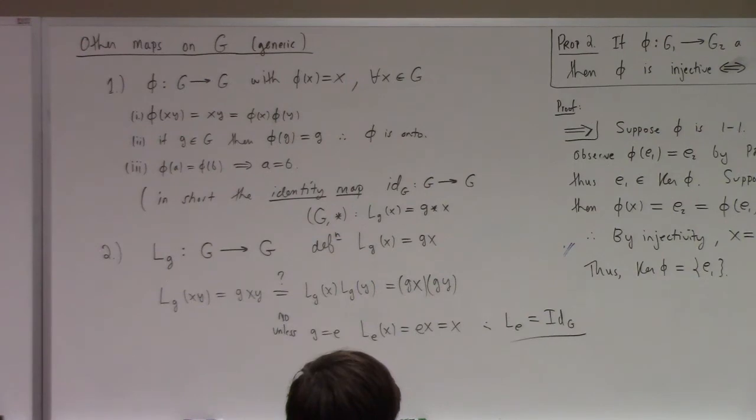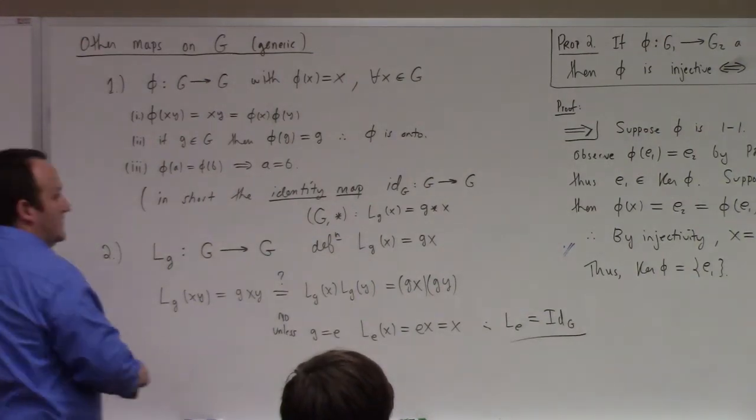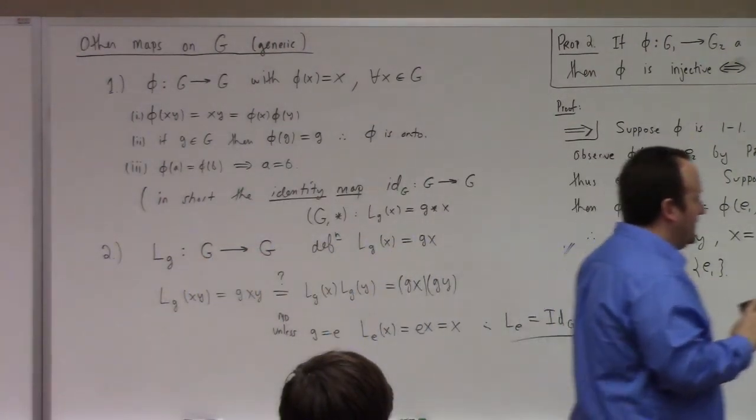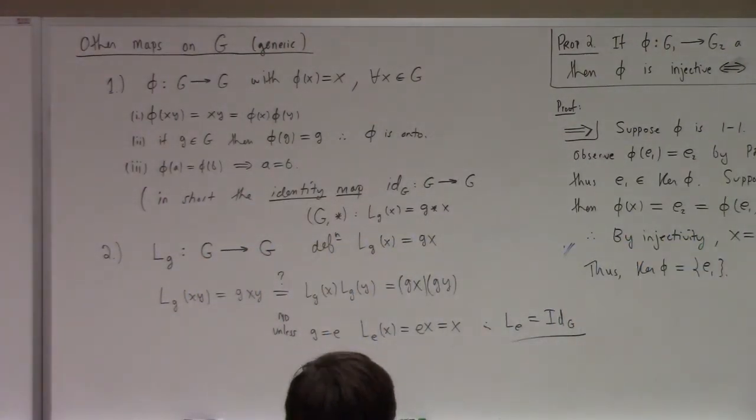Right. So left multiplication maps, maybe not isomorphisms, but they're actually useful. So if we look at the set, what do left multiplication maps do, though? Let's study their properties a little bit more.